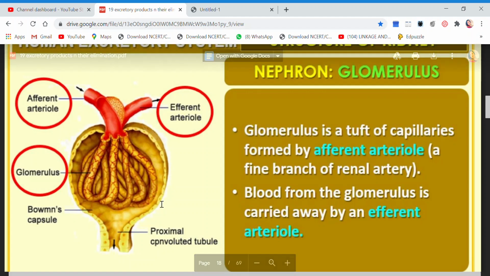This is a cup-shaped structure called Bowman's capsule. This Bowman's capsule has a tuft of capillaries, a bunch of capillaries called glomerulus. It also has structures called afferent arteriole and efferent arteriole.